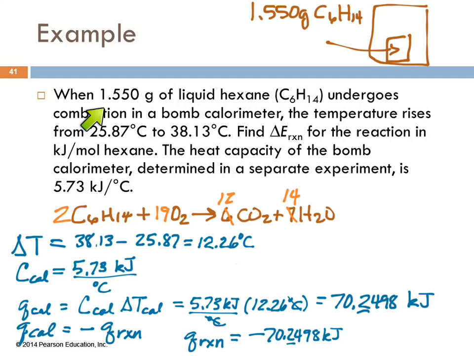If we use 2 grams of hexane, would Q be the same or different? It'd be different, wouldn't it? You burn more gas, it's going to give off more heat. So we need to relate this amount of energy to this amount of hexane. We have our equation here, and we're going to find out how much energy was given off.